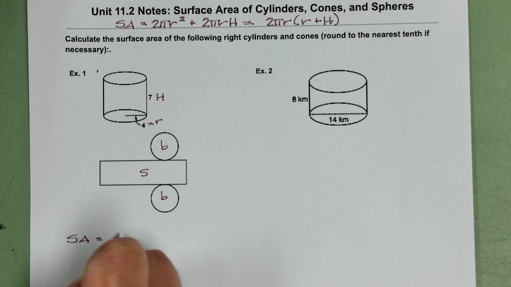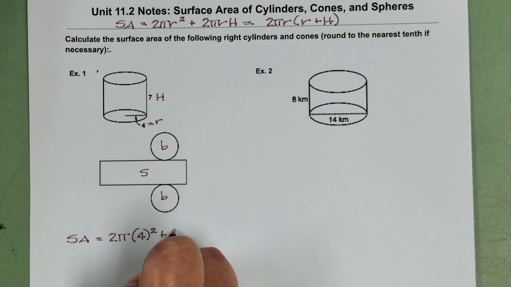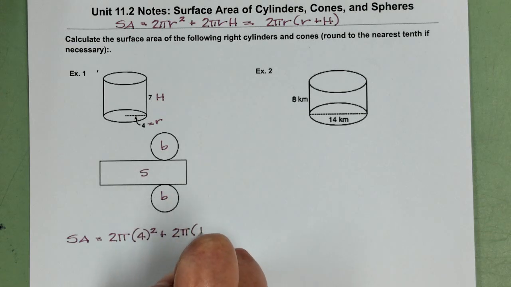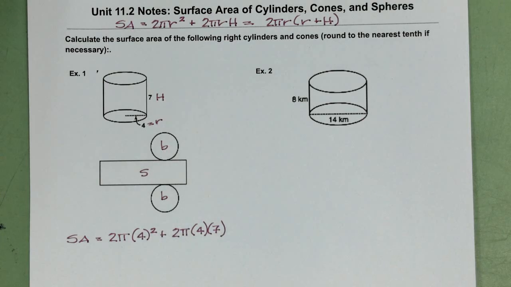Surface area equals 2 pi. My r is 4 squared plus 2 pi 4 times 7. And what I'm going to do is I'm going to do the math with the numbers and leave pi. I'm not going to plug that value in yet.